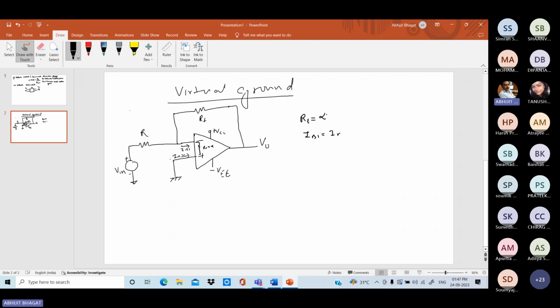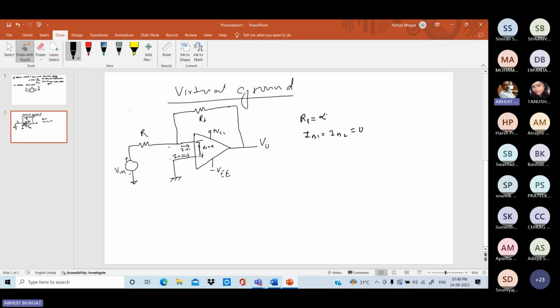If the resistance is infinite, the current flowing is 0. So IB1 equals IB2 equals 0.